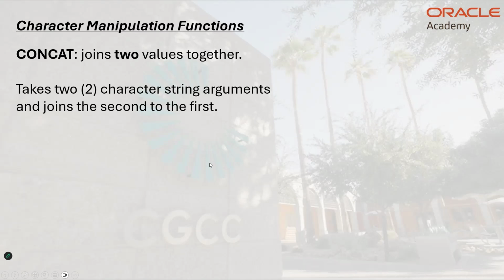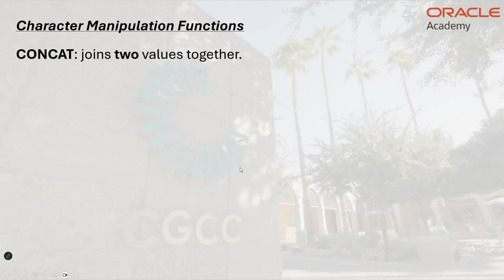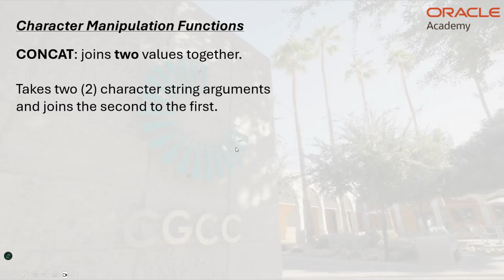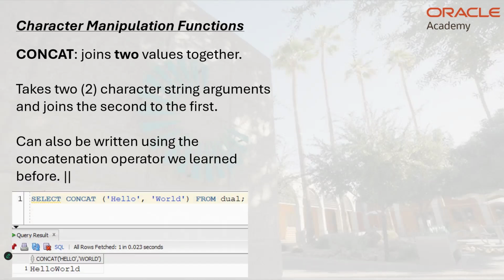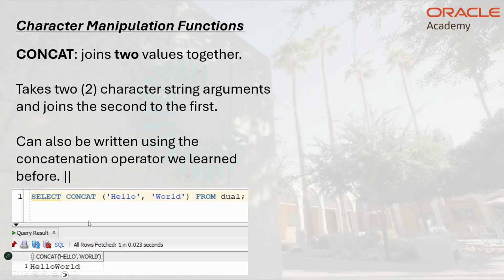Let's get back to our lesson. Speaking of concat, I did want to point out that concat takes two values together only. Remember that. The arguments are only two strings. If you have more than two strings, you want to use the double pipe. Here's the syntax for concat.